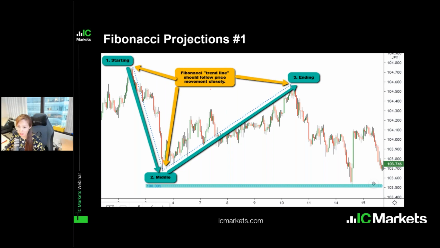For example, when you look at the chart, your starting point is here, and this is your middle point, the second. You draw from here to here, and then you project here. Let me show you.